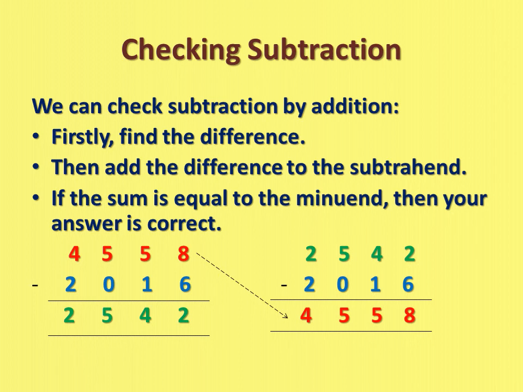That means first we will find the difference. Difference comes out to be 2542. Now we will add this difference to the subtrahend, which is 2016. After adding these two numbers, if our answer or sum matches with the minuend, then our answer is correct. Okay. So in this case, we know that answer comes out to be 4558, which is your minuend. That means your subtraction is correct.